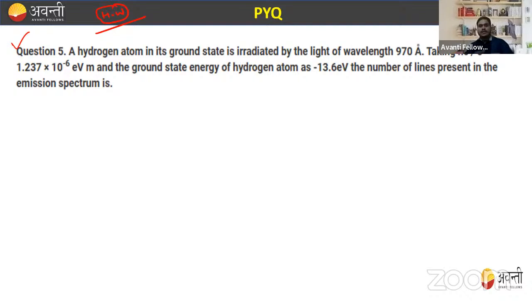So today we are almost covering all the important topics of this chapter. We covered the Bohr model, and the various calculations related to it. In the Bohr model, we found the formulas for energy, radius, and velocity.